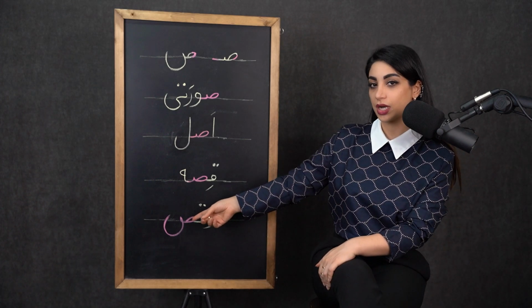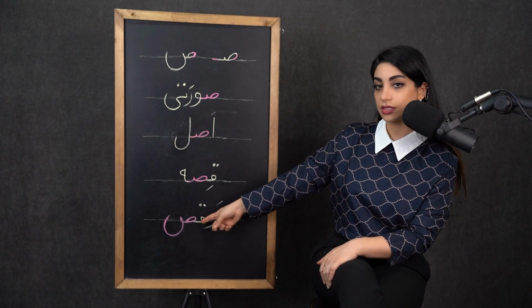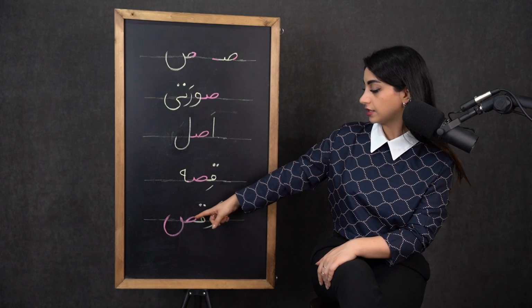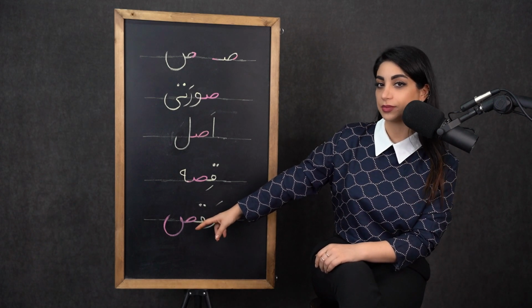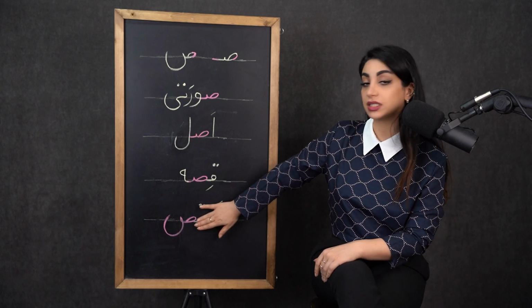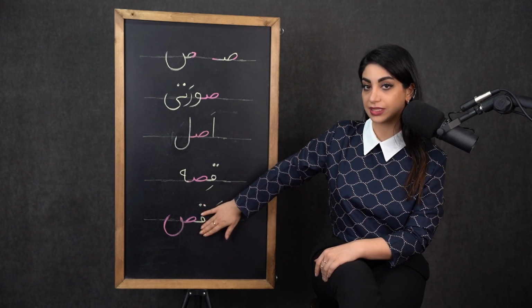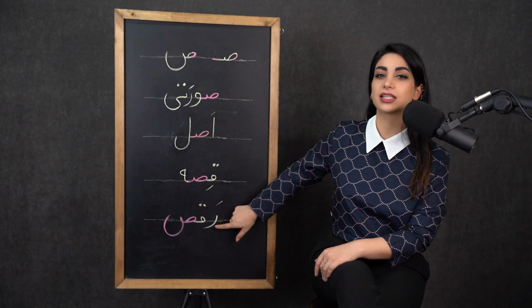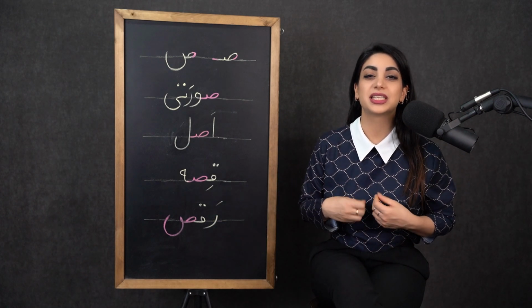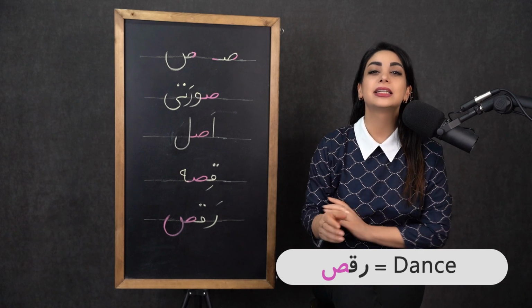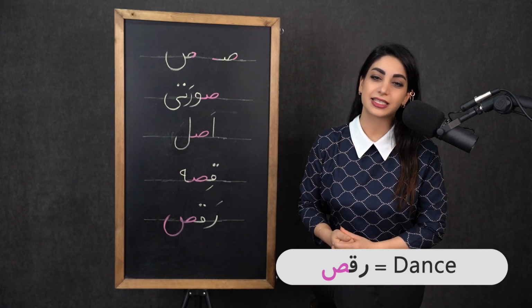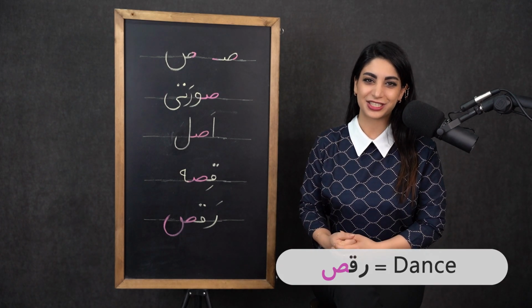And the last one, as q wants to attach, so it attached to the se, capital se. But imagine that we didn't have q, so it wouldn't attach, right? Because re doesn't want to attach, so it can come alone. Raqs is the same as dance in English.